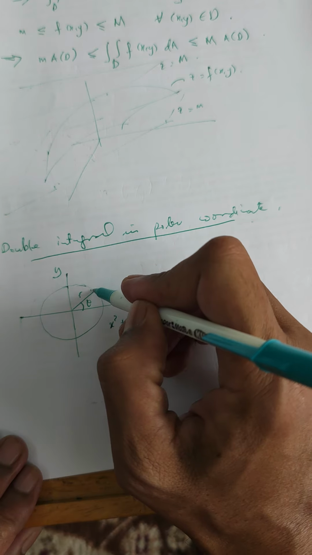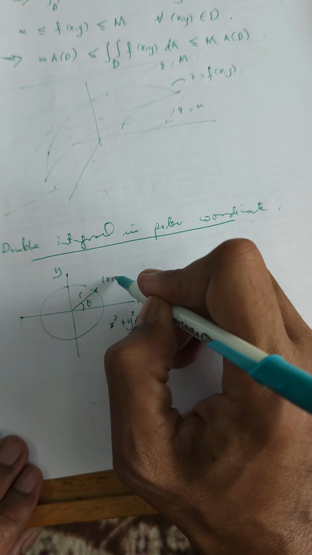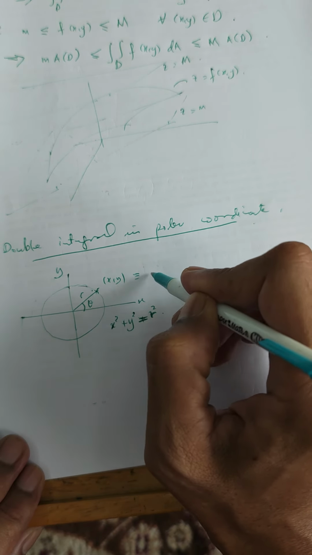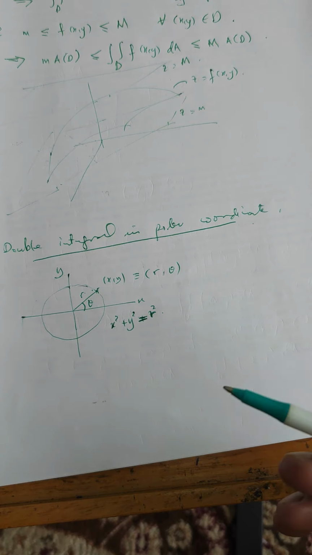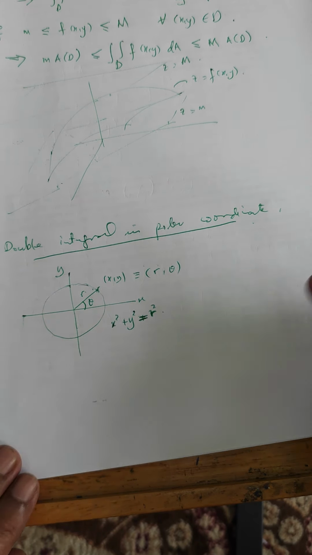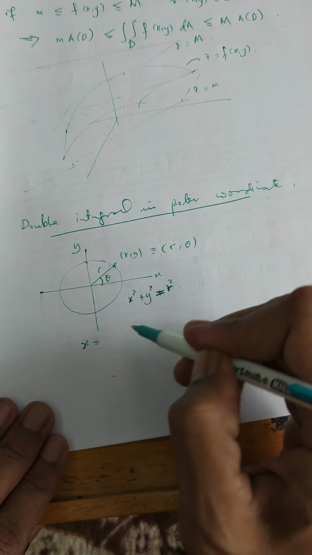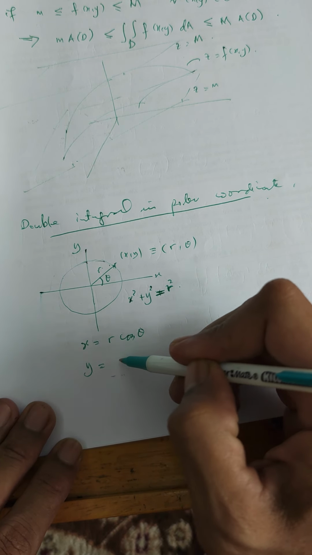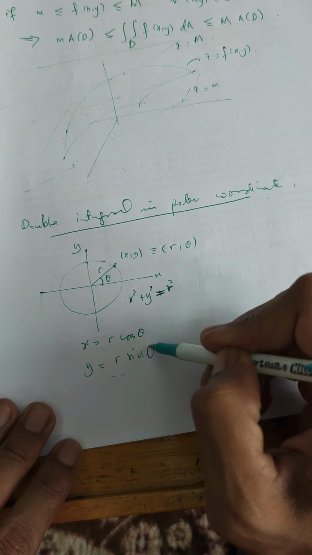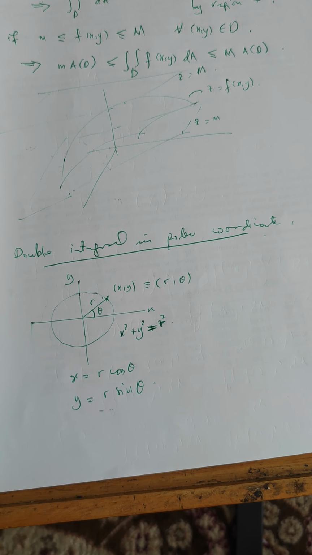So this point (x,y) we can write in terms of polar coordinates r and theta. The representation of x and y is given as x equal to r cos theta and y equal to r sin theta.